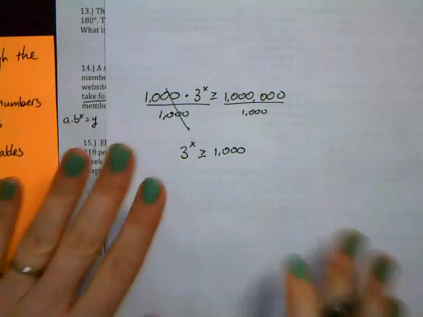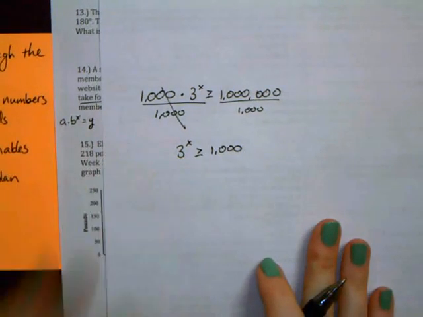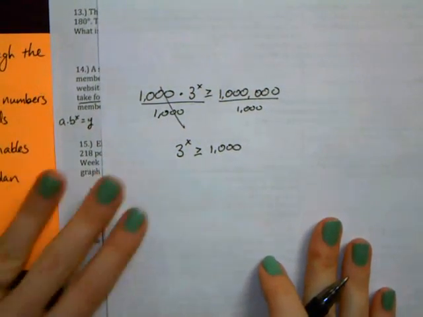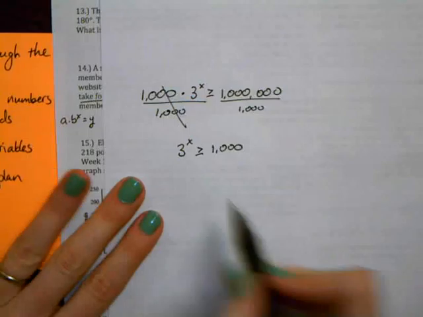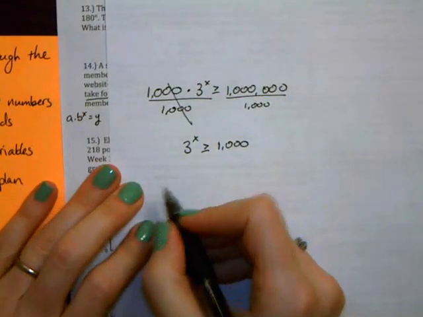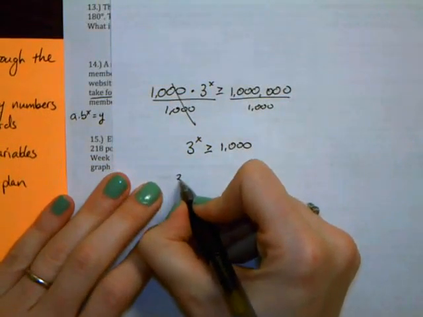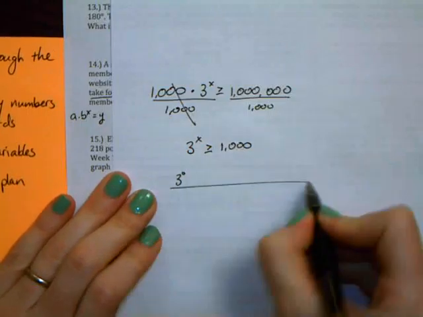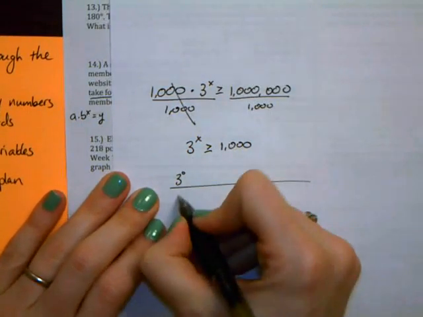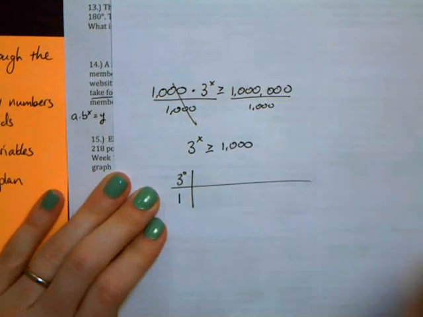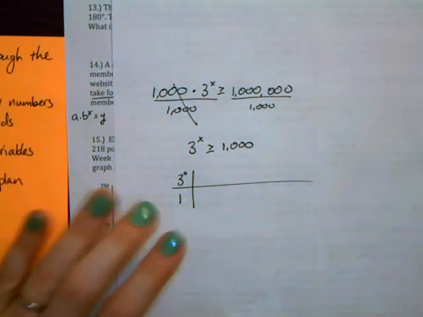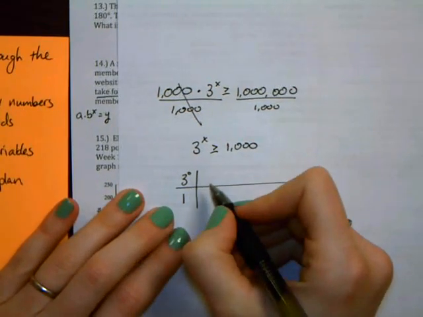All right, so we haven't really talked about how to solve an equation that looks like this very much. So what you're going to do then is basically guess and check. If you think about what 3 to the 0 would be, anything to the 0 power is just 1. So we know 0 months isn't going to do it, which makes sense, right?